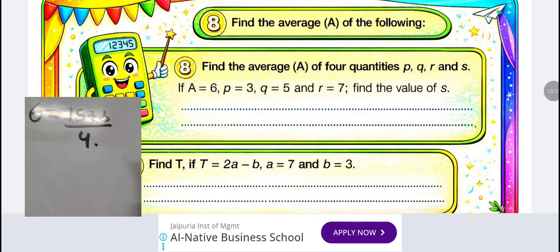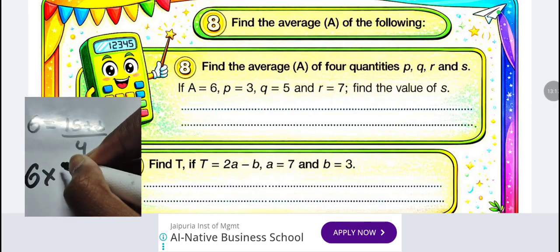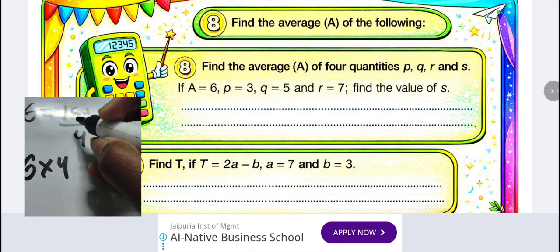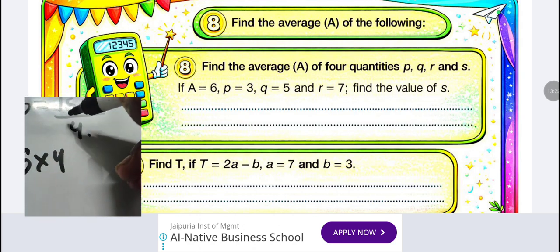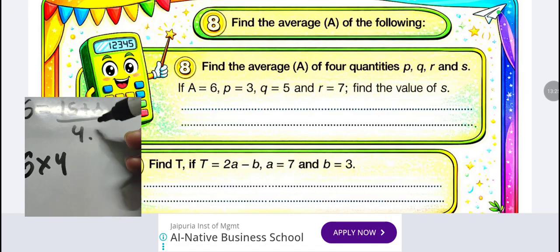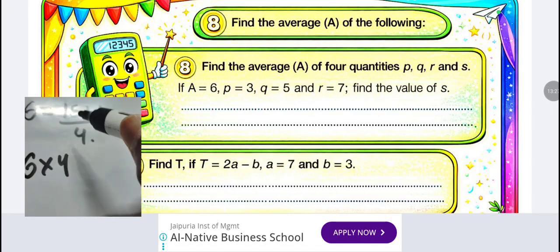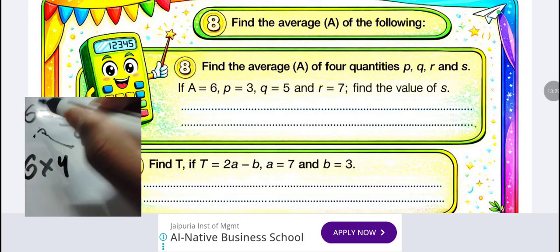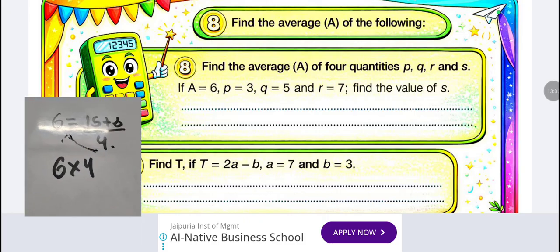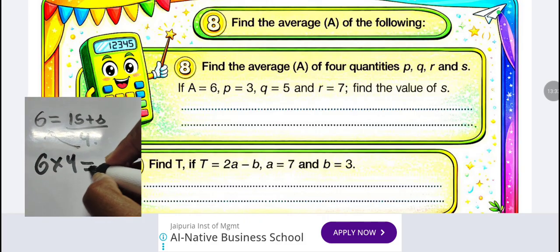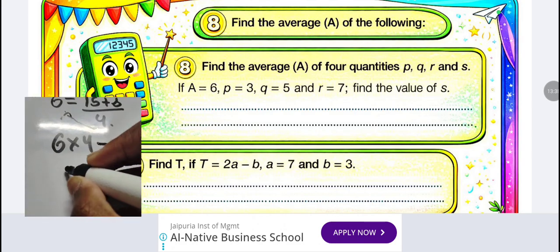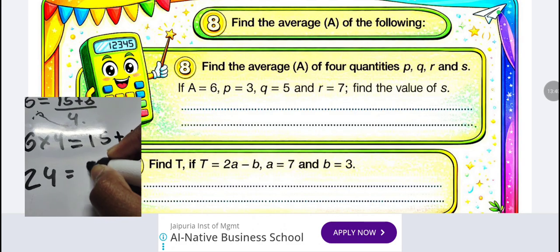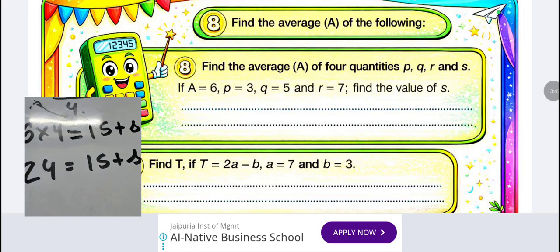Let's begin. So 6 into 4, because when the 4 goes there, the sign isn't division, it goes into multiplication. Okay, understand? So 6 times 4 is 24, equals 15 plus S.